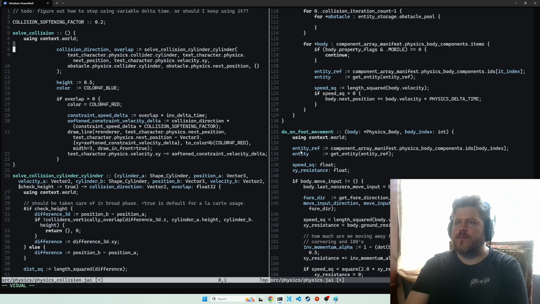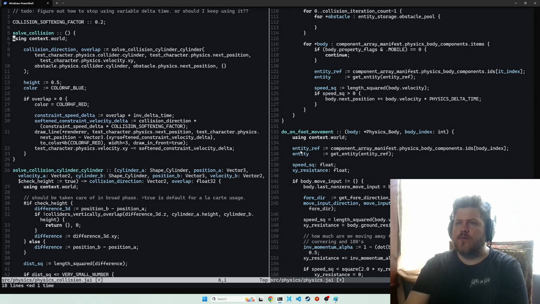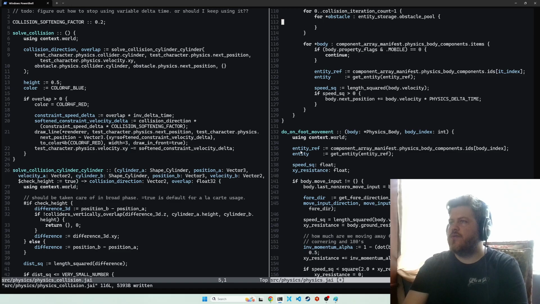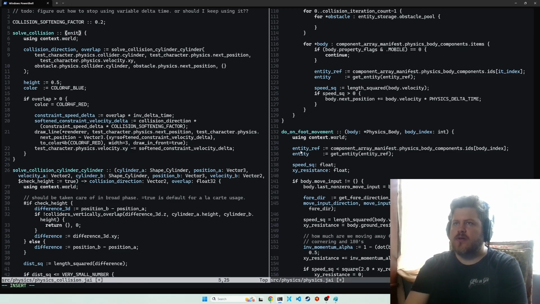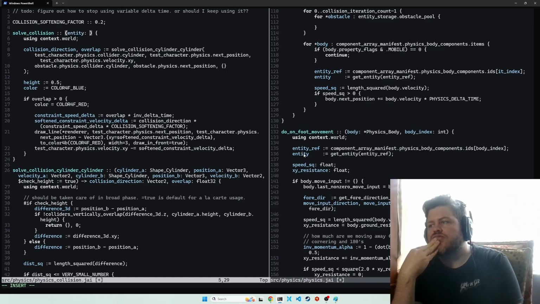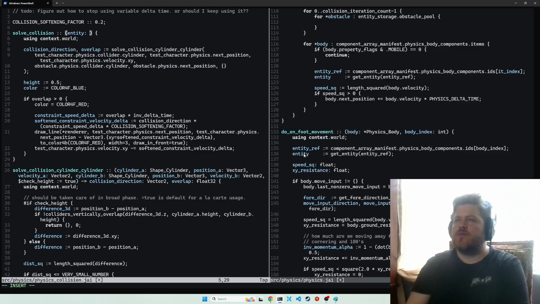Okay. Nice. And the collision, we just need to know, I guess, let's say entity. Or let's get the entity and the body at the same time, maybe. Or the position. Well, yeah, that's fine.